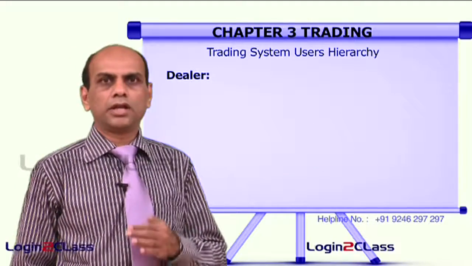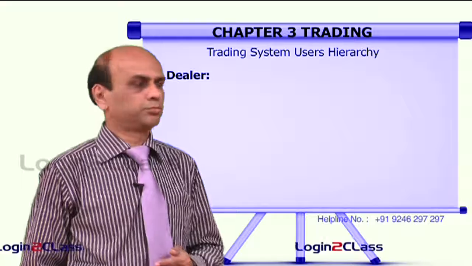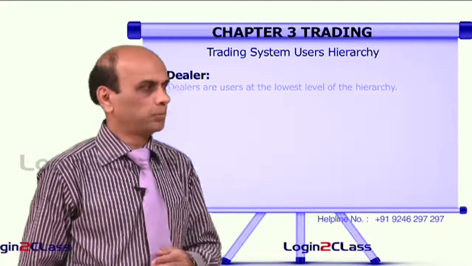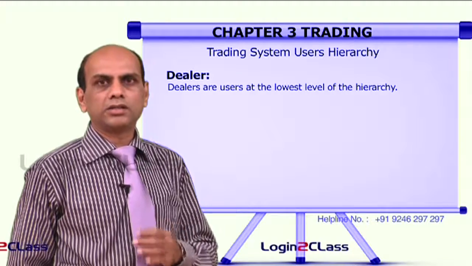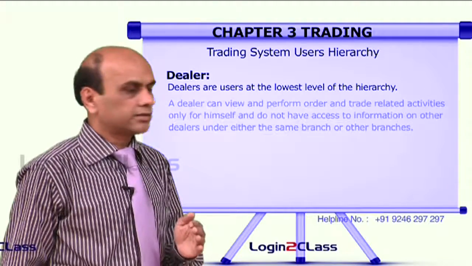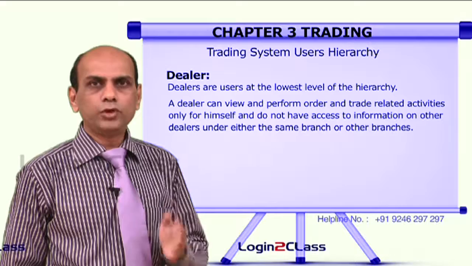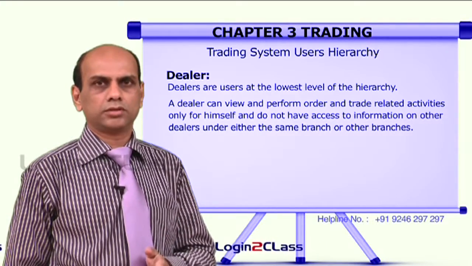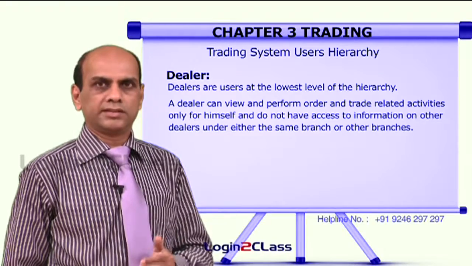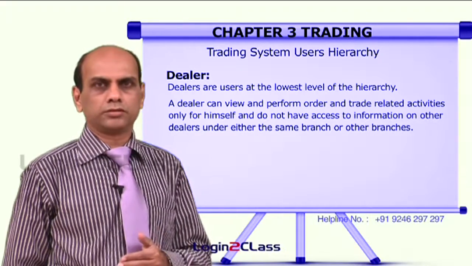The dealers, the last step in the NEAT system in the trading member group, are at the lowest level in the hierarchy. These dealers can view their own orders, their own transactions and in turn send the reports to the branch manager.